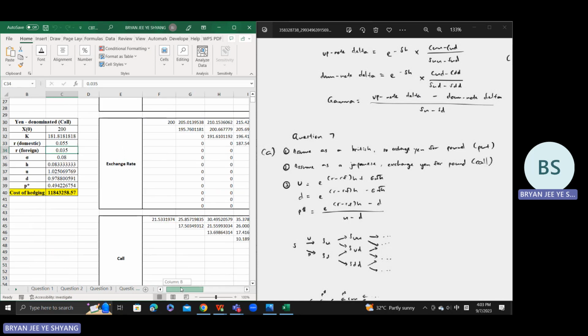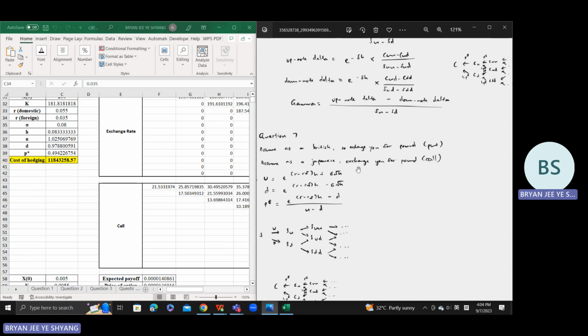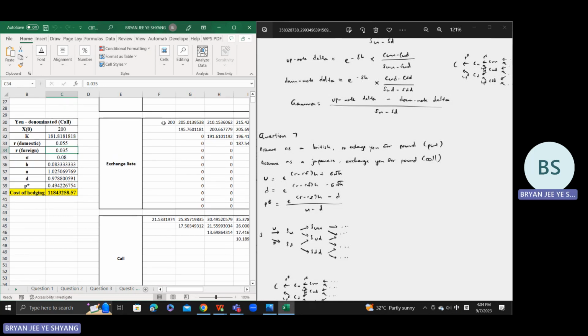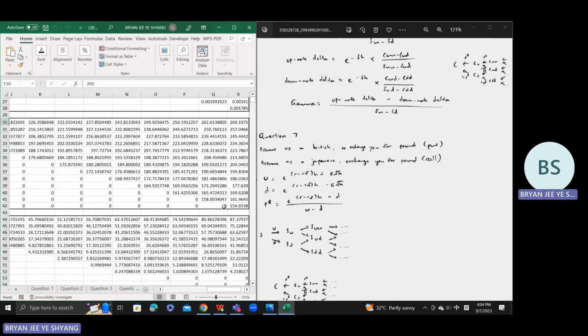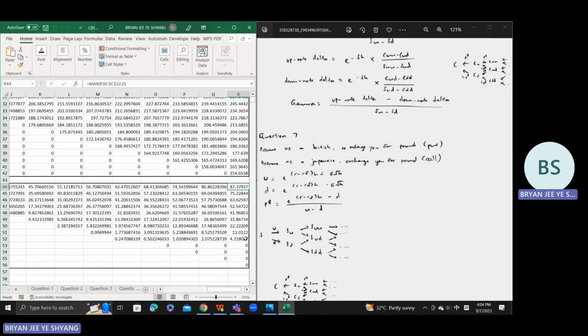Now we have to calculate the exchange rate for yen denominated, but now we calculate a call instead of a put, because we assume a Japanese exchanging yen for pounds using a call option. The current exchange rate is equal to 200, and we use the formula for U and D to construct the table like we did previously. For the call price, the last column for the payoffs is S_T minus K instead of K minus S_T.